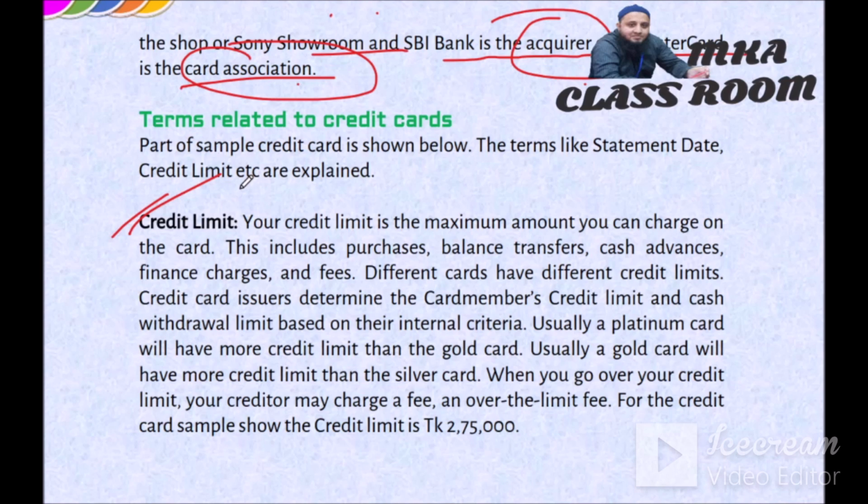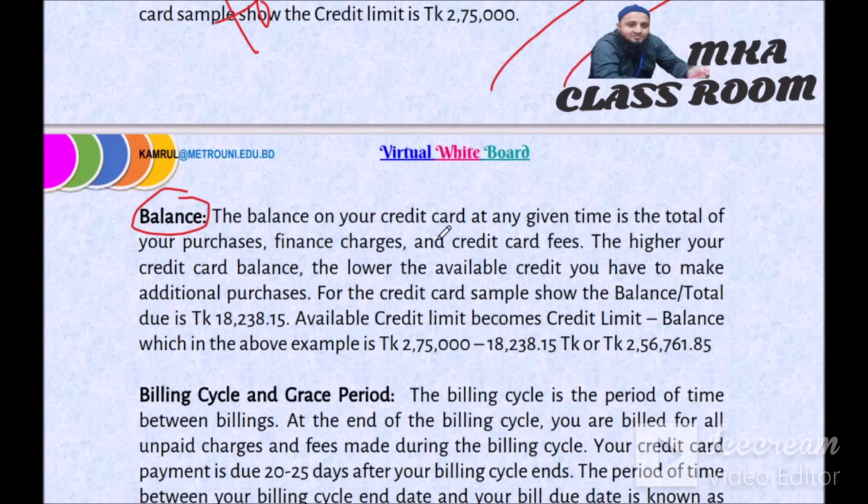And balance. Balance means whenever you purchase things, the rest of your credit limit is called the balance. Suppose your credit limit is 2,75,000 taka.